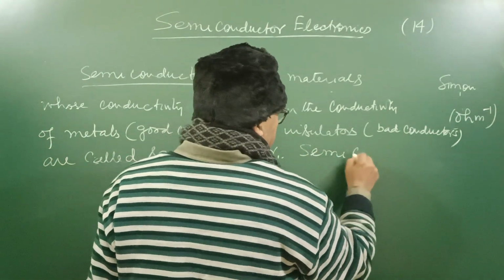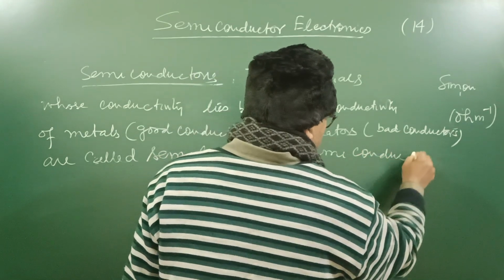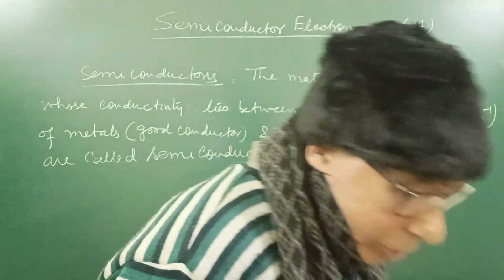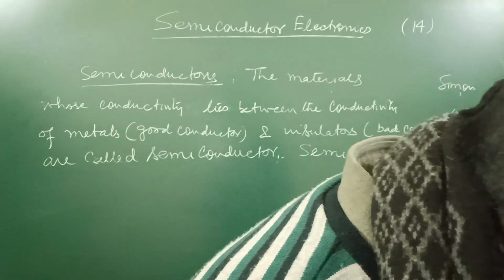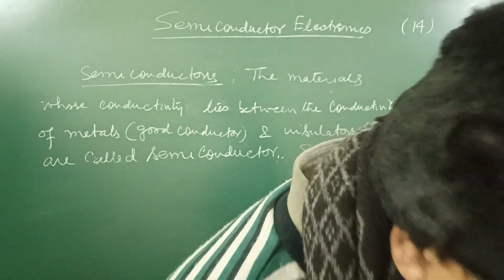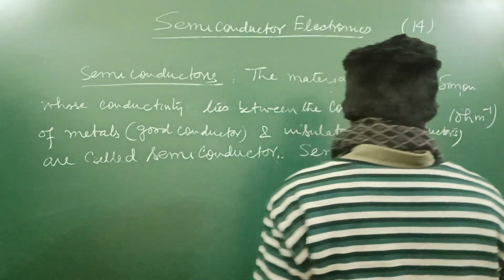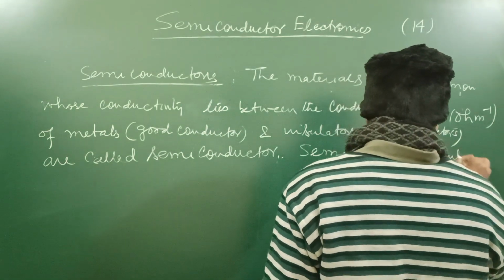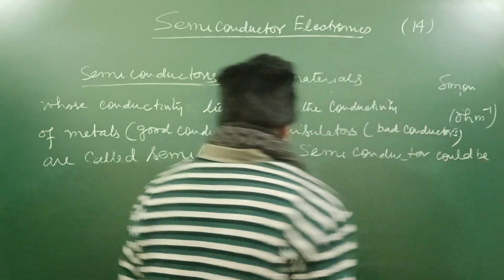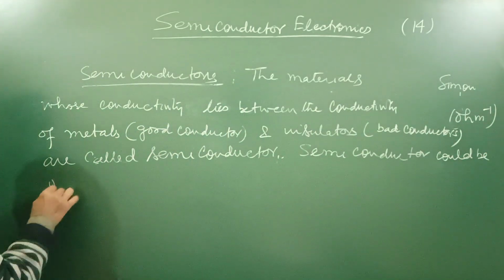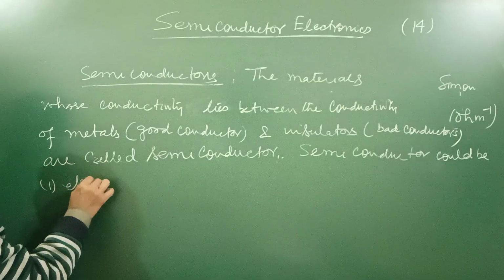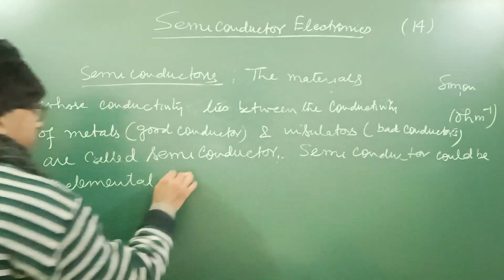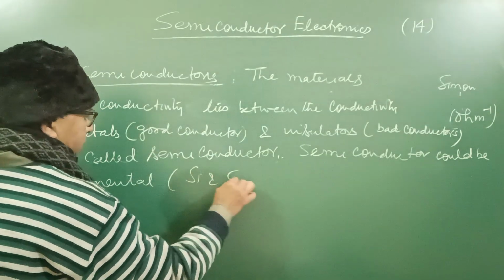Semiconductors could be, number one, elemental, like silicon and germanium.